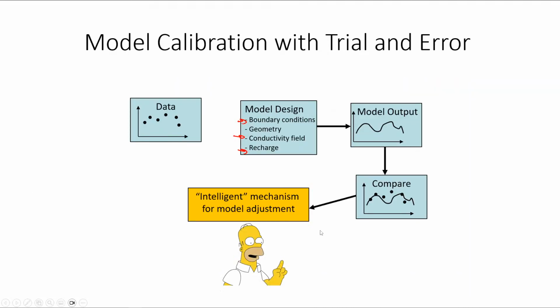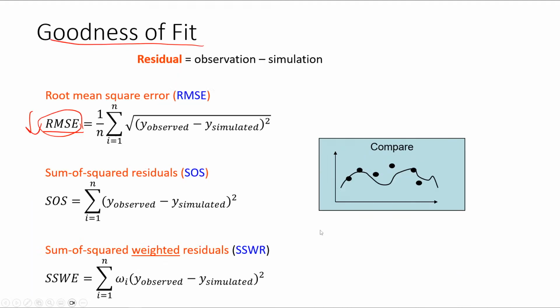For example, in this case, I'm not interested in this early data. I'm interested in the late data after this date. So I can give this one and this one a higher weight.